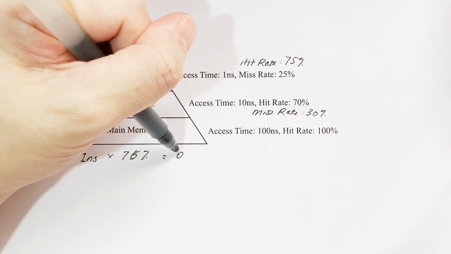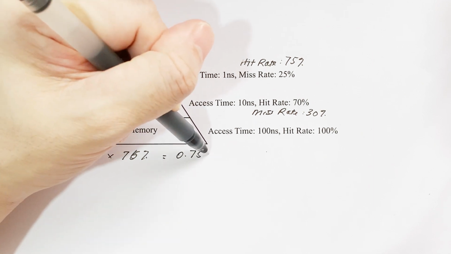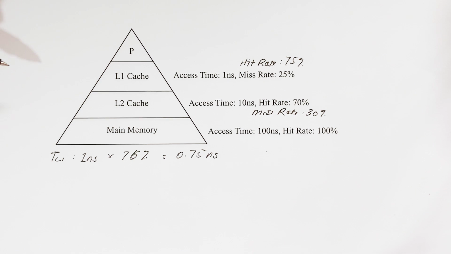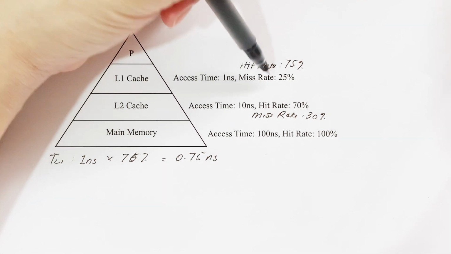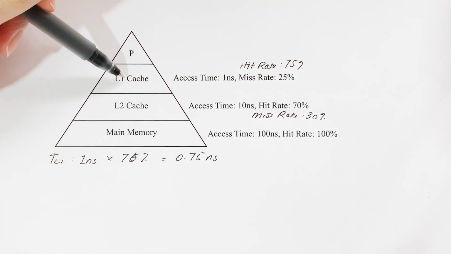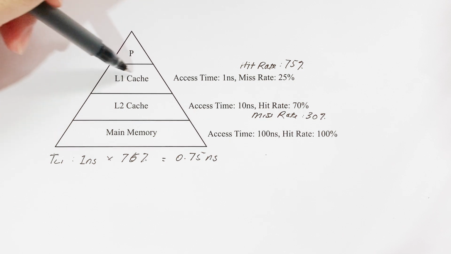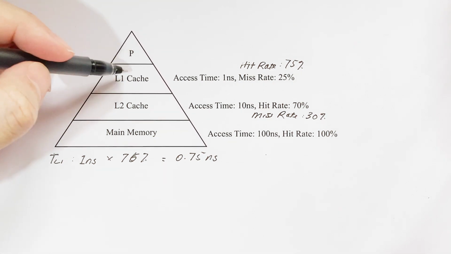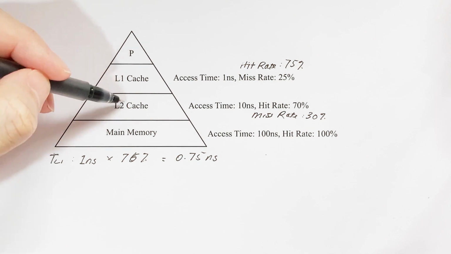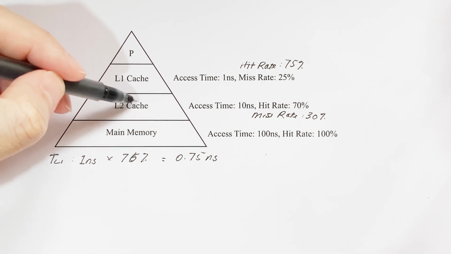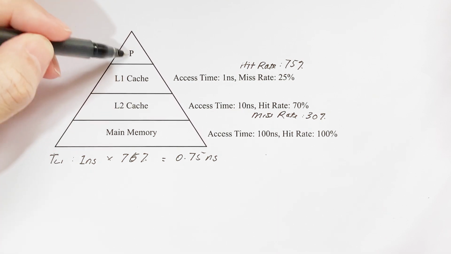So the time is 0.75 nanosecond. And because of the miss rate, 25% of the time the data is not available in the level 1 cache. And then that's the time that the processor will have to go to the level 2 cache to look for the data it needs.